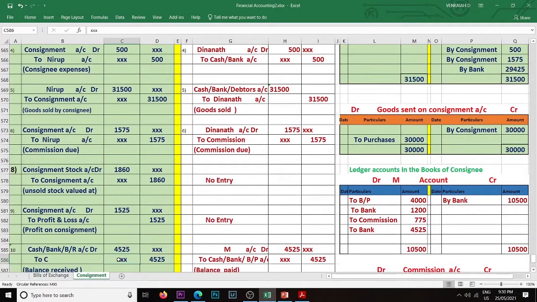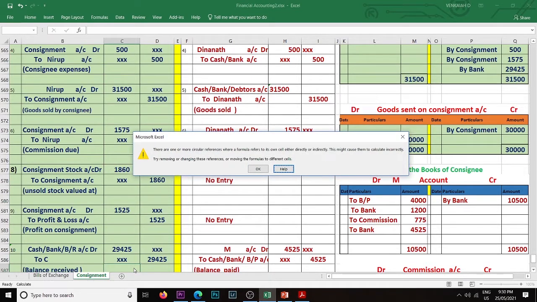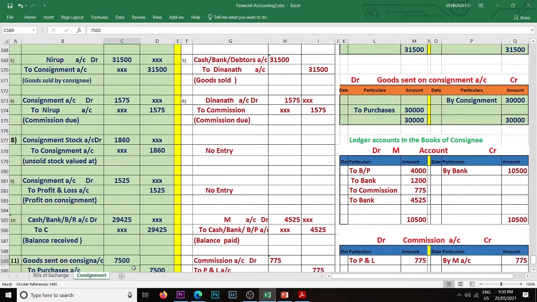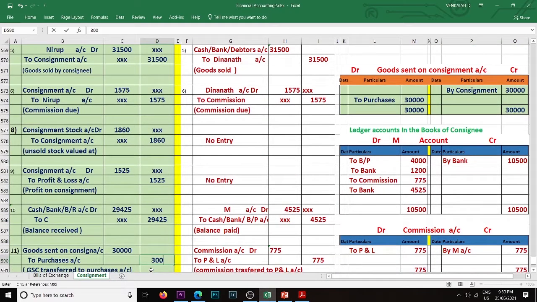Balance to be received from consignee 29,425. Goods sent on consignment transfer to purchase account 30,000. So I finished in the books of consigner.